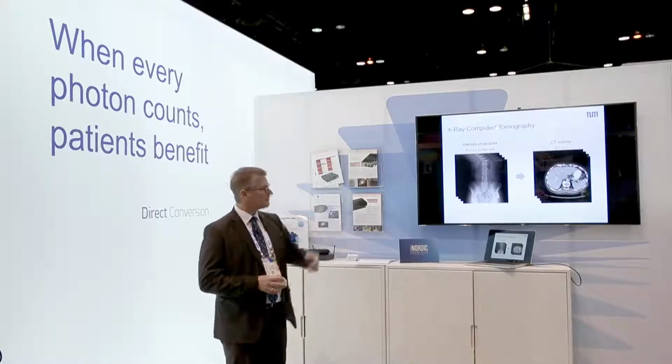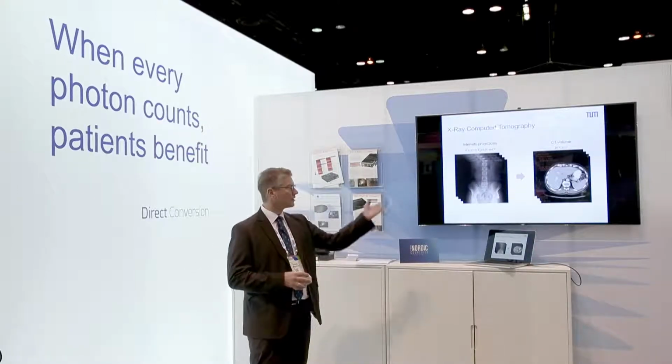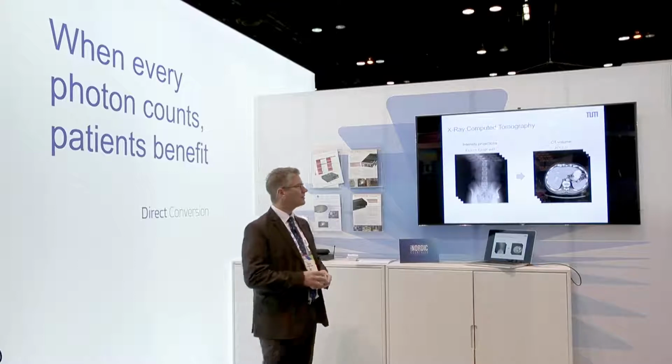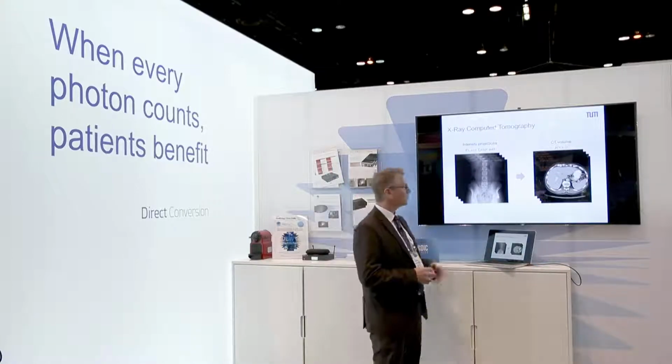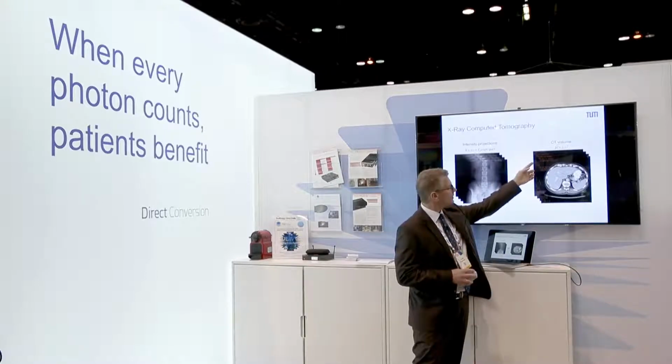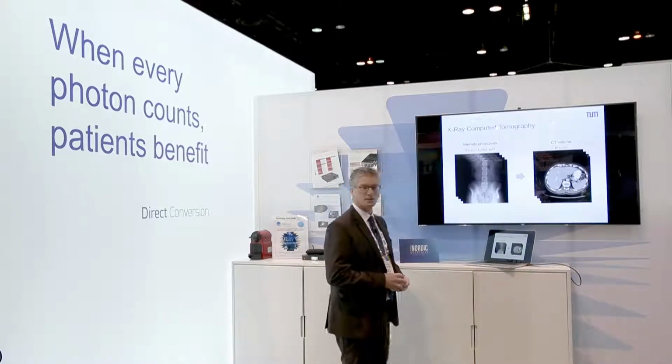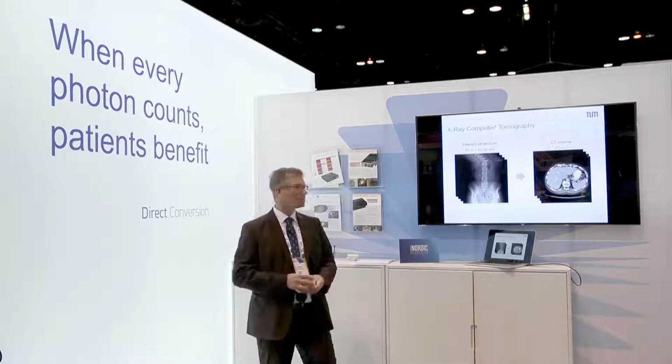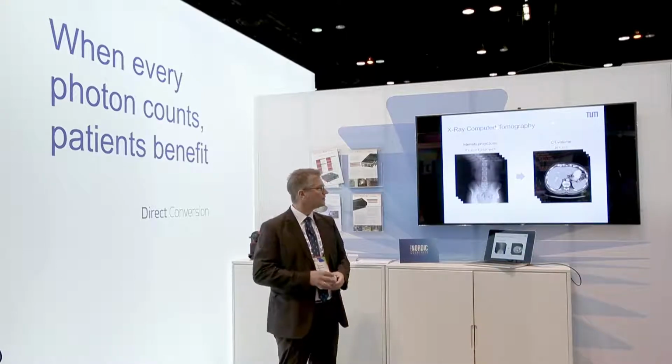Now, CT is about reconstructing slices, the CT volume, from the projections that you're recording. And from a physics point of view, we are essentially after the attenuation coefficient, the 3D distribution of this attenuation coefficient in the body.